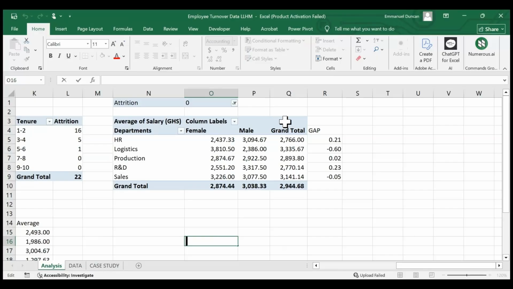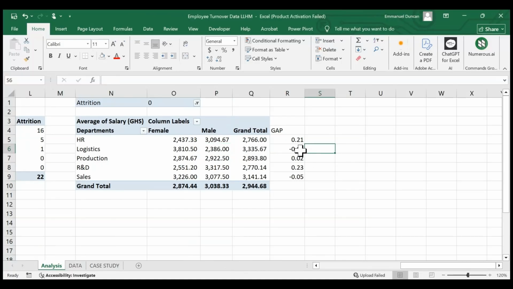Therefore, you realize that those who are still with the company in the HR department, 21% of the salary favors the males, 60% of the salary favors the female in that of the logistics department. With the production department, 2% favors that of the male.